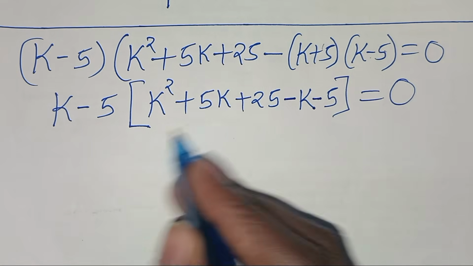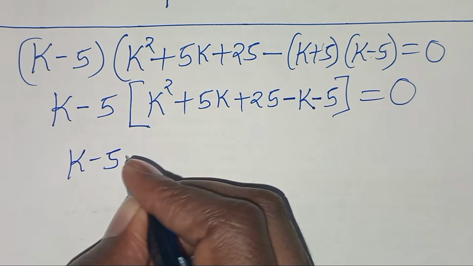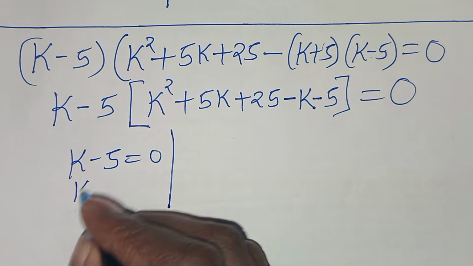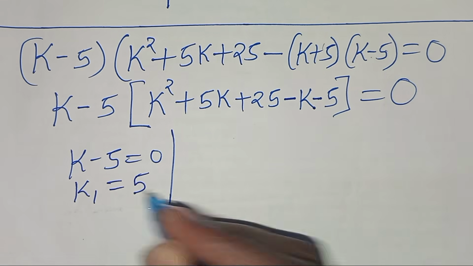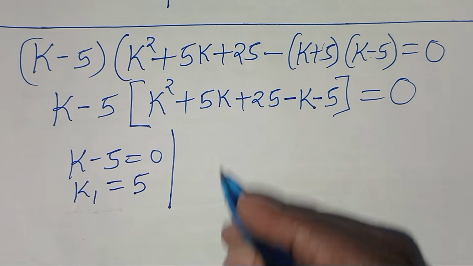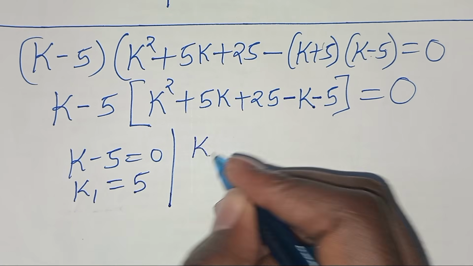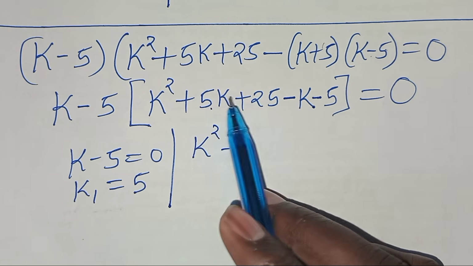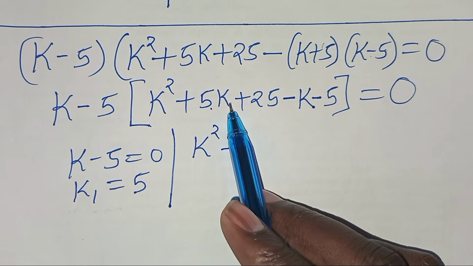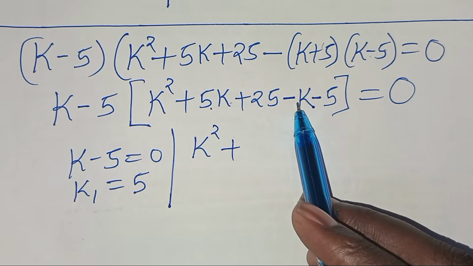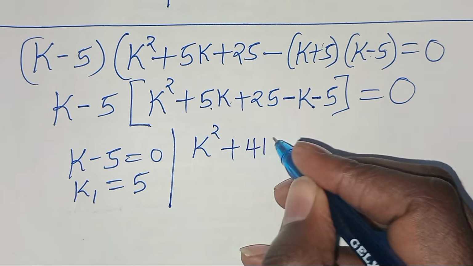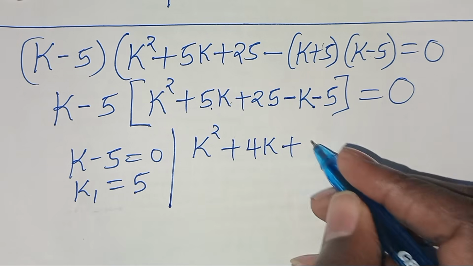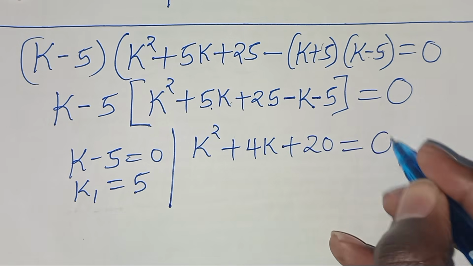Now we have two parts here. The first part is k minus 5 equal to 0. You can call this one k1, which is 5, and this is a real solution. Now we have k squared plus 5k minus k, so this is 4k, plus 25 subtract 5, this is 20, which is equal to 0.